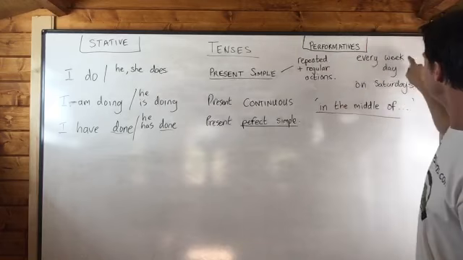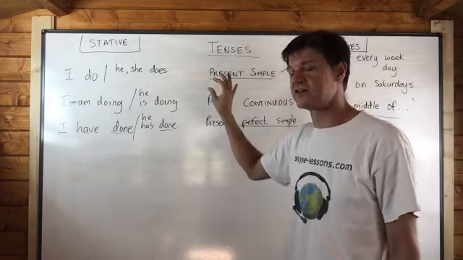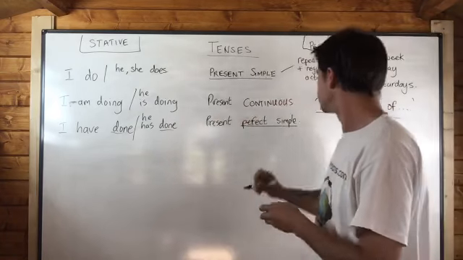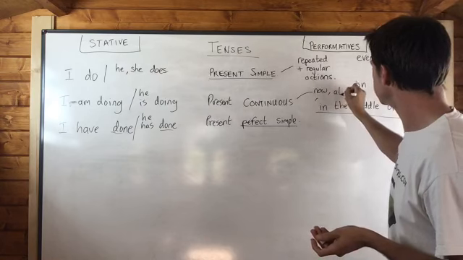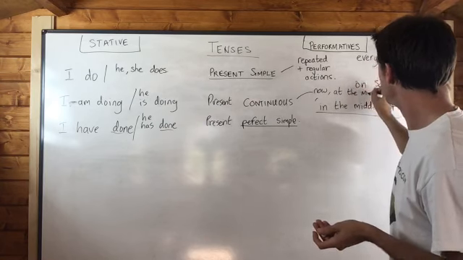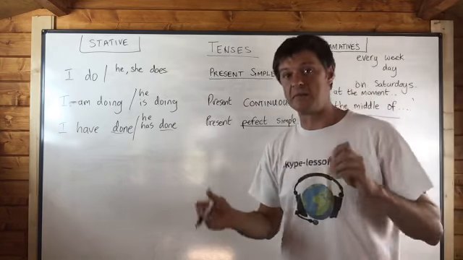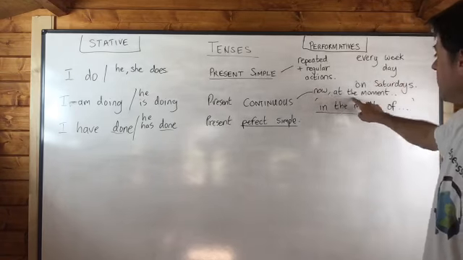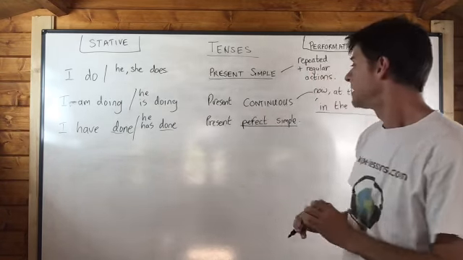So every day, every week, every month, on Saturdays, that's a signal that you've got to use present simple. If you say now, at the moment, that's a signal that you've got to use present continuous, yeah? Unless it's a stative verb or a performative. But if it's not a stative verb and it's not a performative and you say now or at the moment, you're probably going to need present continuous.